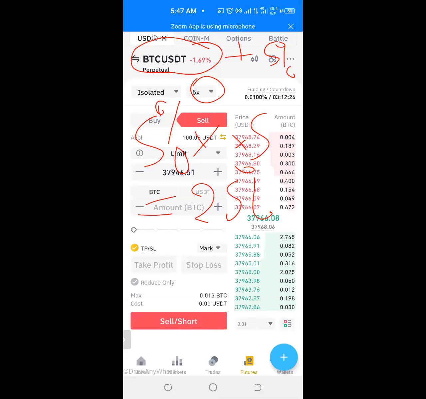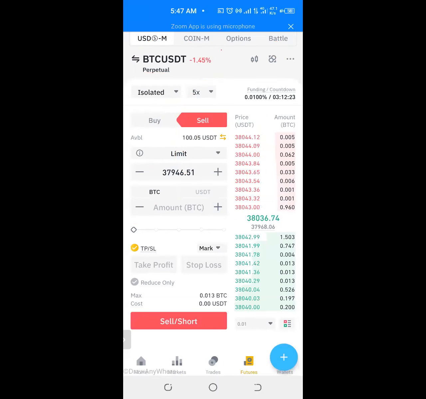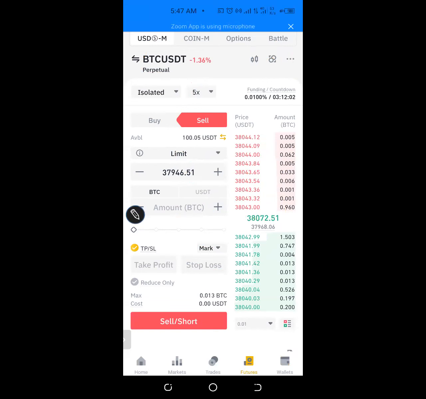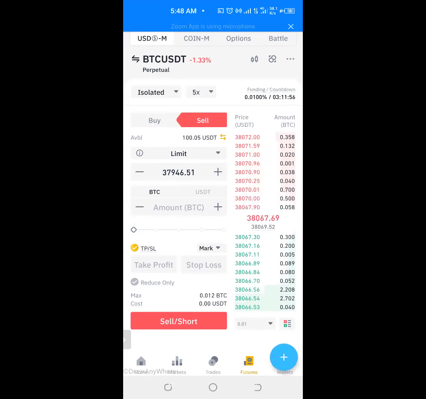Same thing: if you buy Bitcoin and the price rather goes to negative 5%, your loss will be negative 5% times the 5x, so you'll be losing negative 25%. So leverage comes in to spice your profit and to increase the way you can also lose. So we have looked at the margin, the isolated option, and the leverage. When you are trading, don't go above 5x at the beginning, and if you master the skills very well, don't go above 10x.